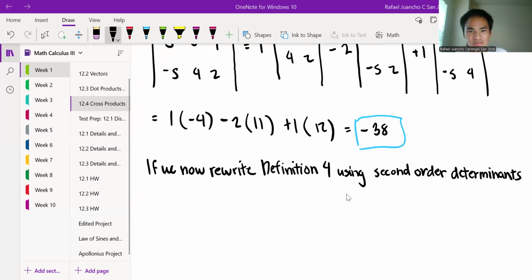And the standard basis vectors, we have I, we have J, we have K.